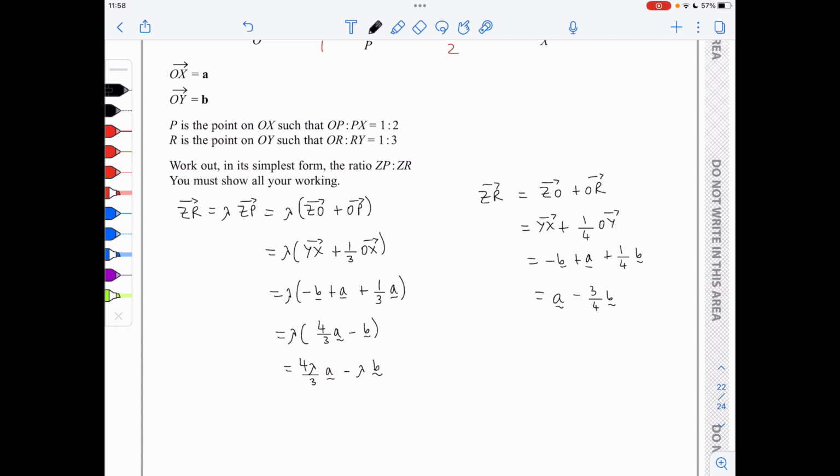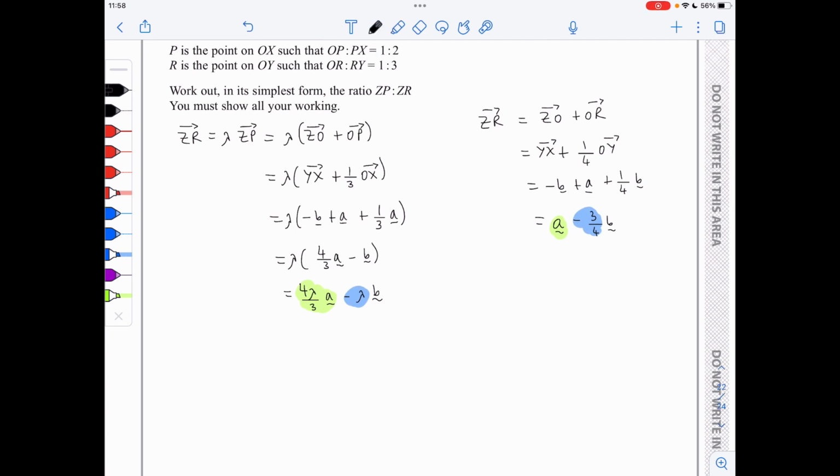And since we have expressed the same vector in two different ways, we can equate terms. This is the A term here, and this is the B term here. So we can see that 4 lambda over 3 is equal to 1 if I equate the A terms, and minus lambda is minus 3 over 4. So 4 lambda is equal to 3, which means that lambda is 3 over 4.